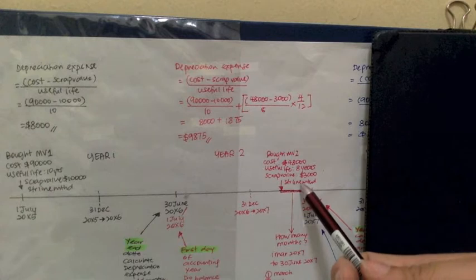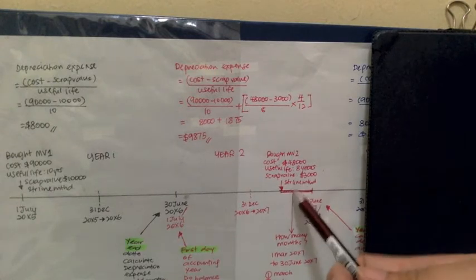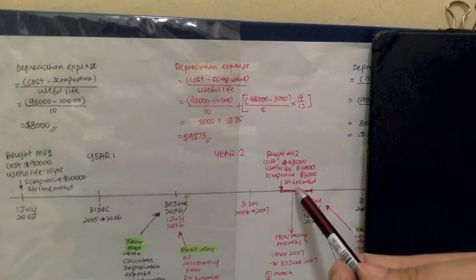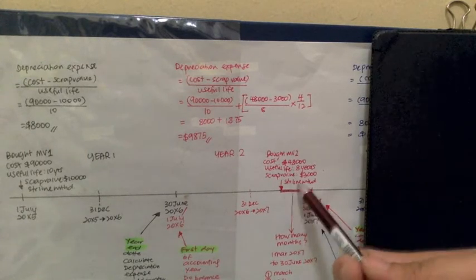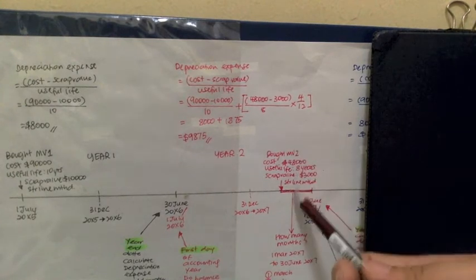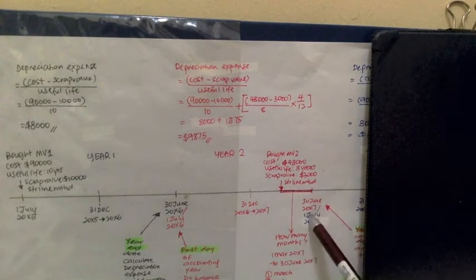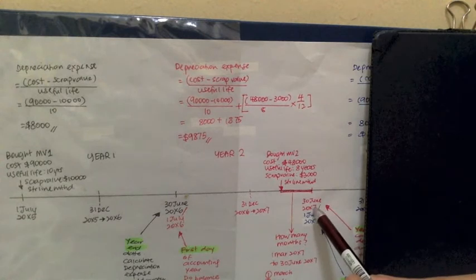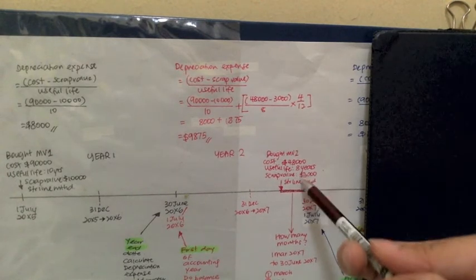How do we account for this? We account for the motor vehicle on 1st March, and remember on 30th June 2007 we will have to count its depreciation.